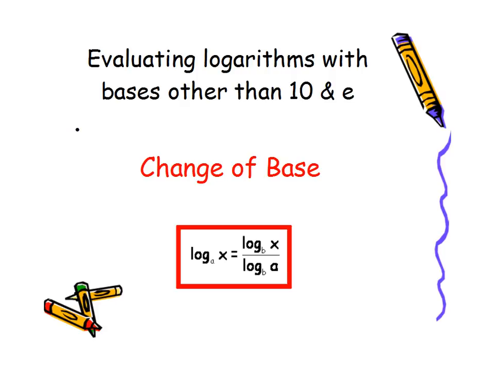If I want to find the log of some base here, of some value, and we'll assume this must not be common log or natural log, all we have to do is we take log of any other base. We typically just use common log since that has the button we need. We're going to take the common log of x, that bigger number, and divide it by the log of your little base number.